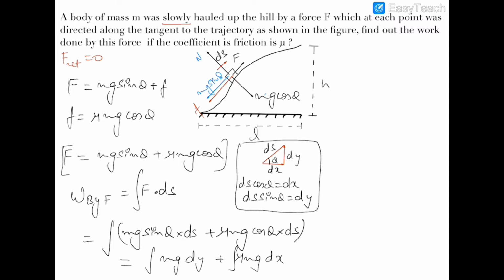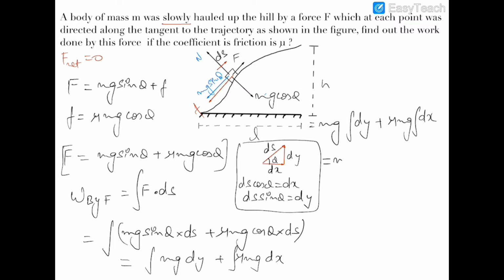Now this mg and mu mg are constant terms, so this will be mg integration dy plus mu mg integration dx.